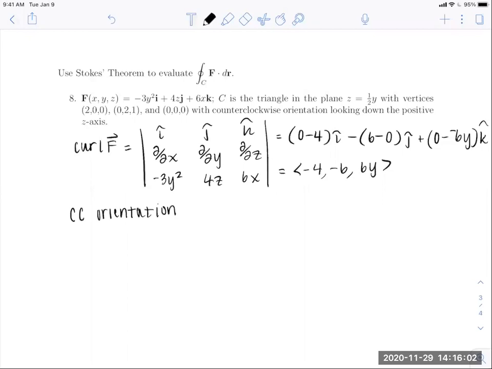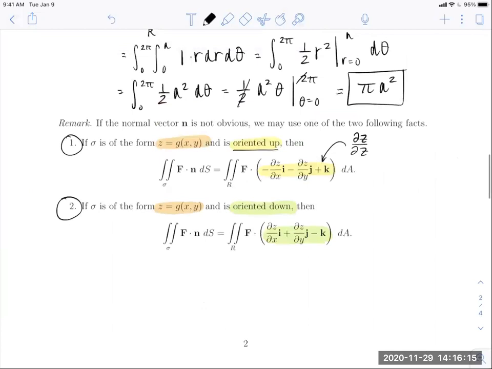And so that tells us that we're going to want to use an upward direction when we think back to our remark. So let's scroll back up here. All right, so we are oriented up since it's counterclockwise. Again, very similar to our last example where we wanted our heads to be upward so that when we walked around our circle, the surface would be to our left.